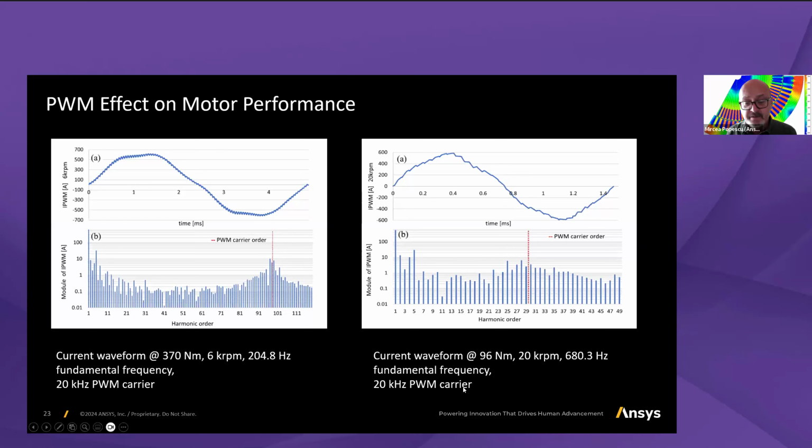The same PWM carrier frequency was used in the other point, where it's the maximum rotational speed, lower current, but the current waveform is as well more distorted. You can see as well the harmonic spectrum reported, comparing the current waveform harmonic spectrum overlapped with the PWM carrier order.